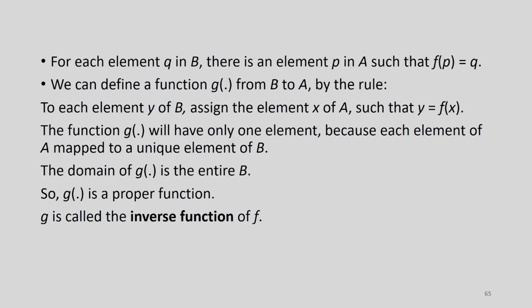For each element y of B, assign the element x such that y is equal to f(x). The function g will have only one element because each element of A maps to a unique element of B. So, let me give you an example of what I mean by a one-to-one function.